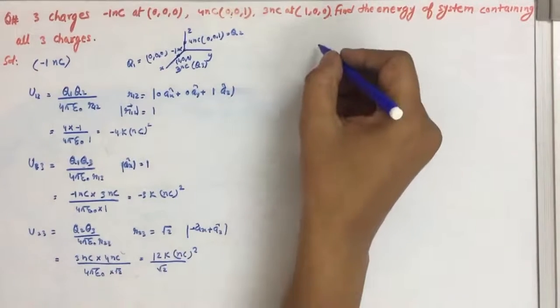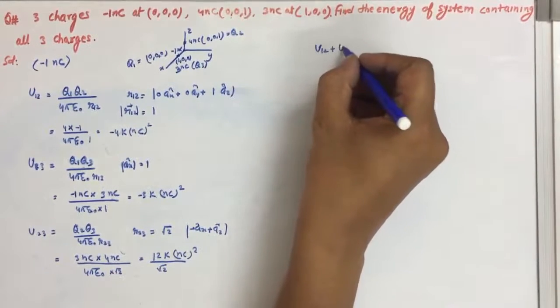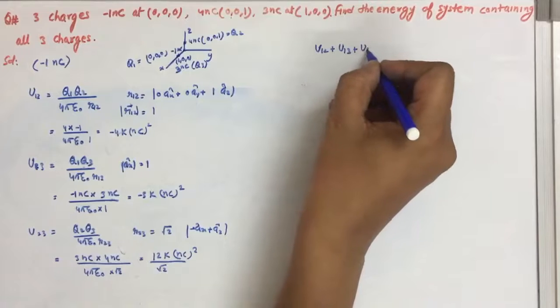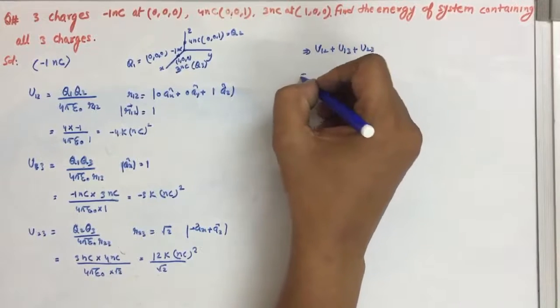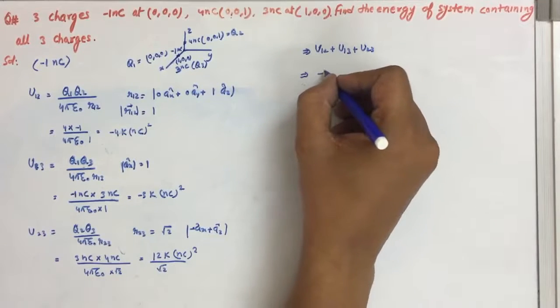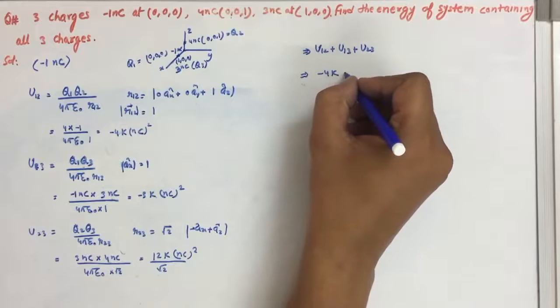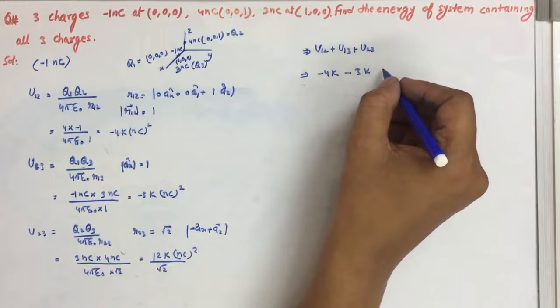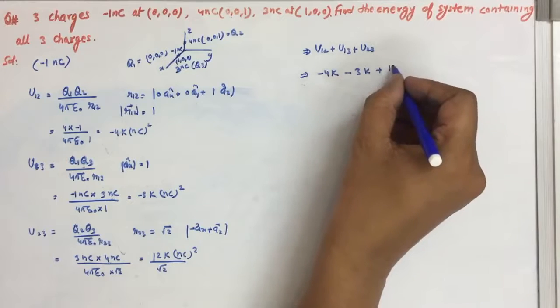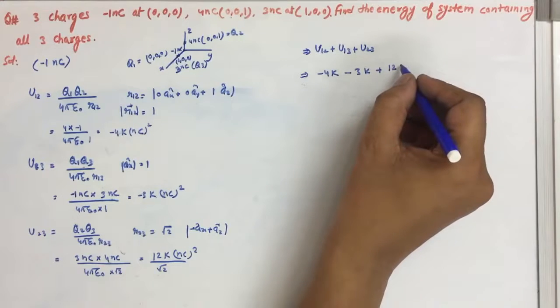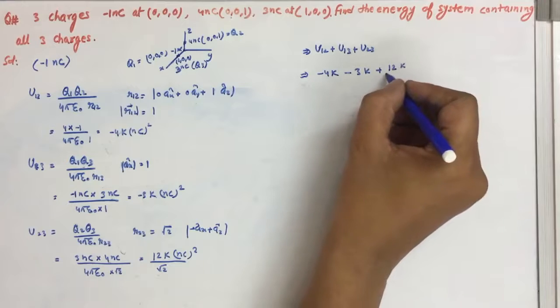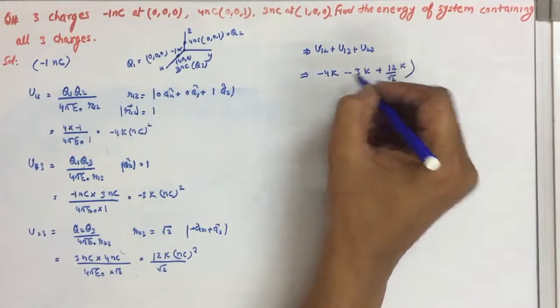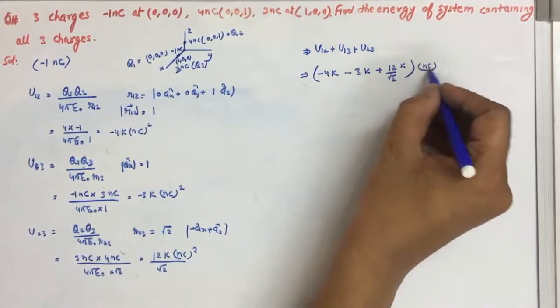Now the total system energy will be U12, U13 plus U23. That will be equal to -4K -3K plus 12K by √2 nanocoulomb square.